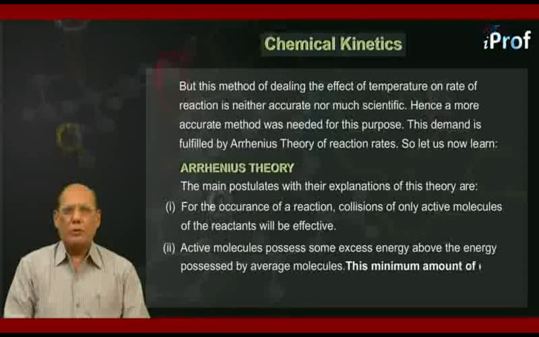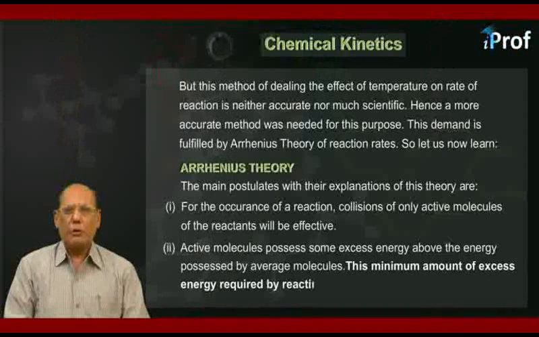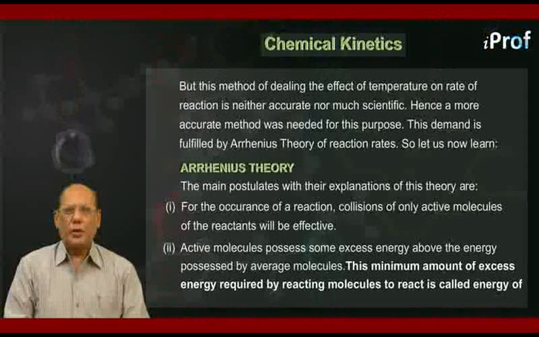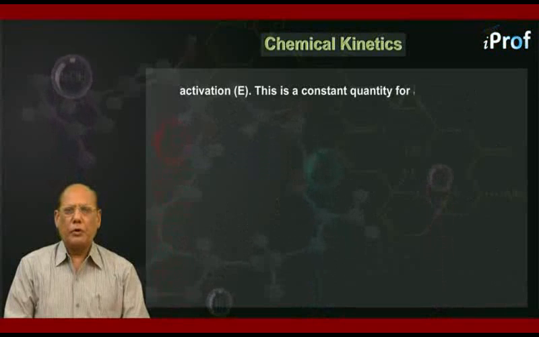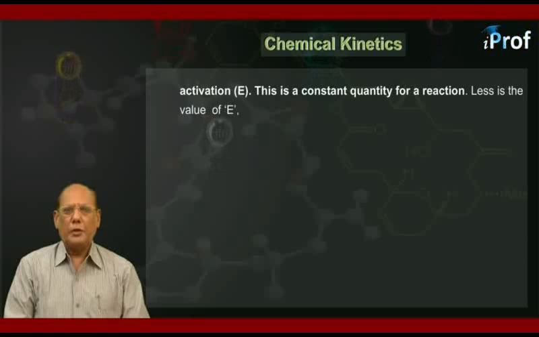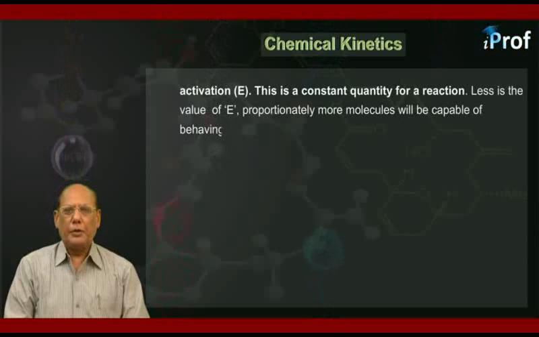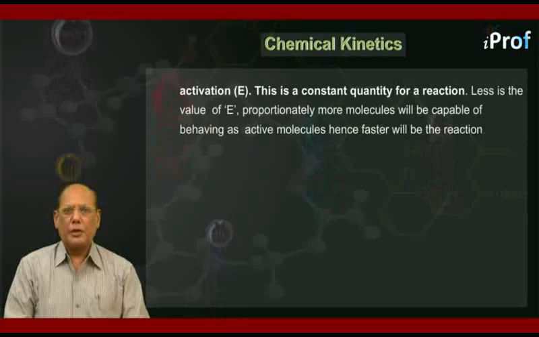This minimum amount of excess energy required by reacting molecules to react is called energy of activation, E. This is a constant quantity for a reaction. Less is the value of E, proportionately more molecules will be capable of behaving as active molecules, hence faster will be the reaction.